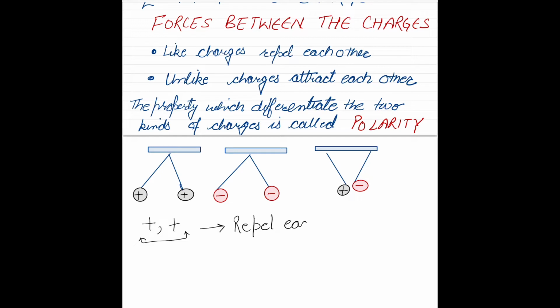As you can see in figure A, we have two positive charges. They are repelling each other. Similarly, the like charges can be negative charges as shown in figure B. They are again repelling each other because the bobs are moving away from each other, right?